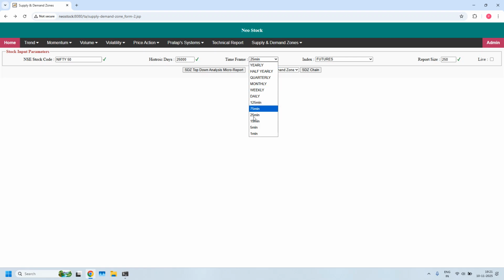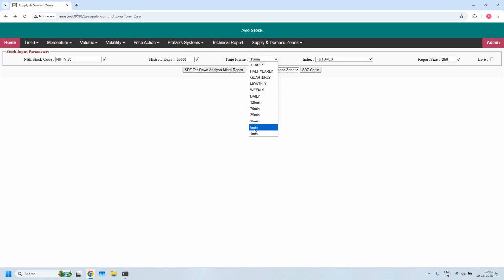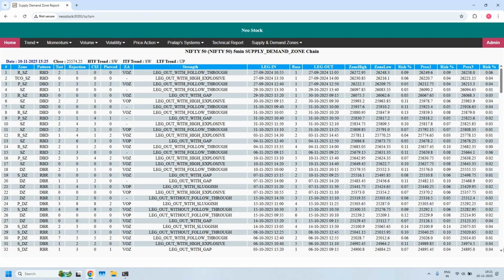Next, 15 minutes supply demand zone chain. Next, 5 minutes supply demand zone chain for Nifty. So this is Nifty supply demand zone chain.